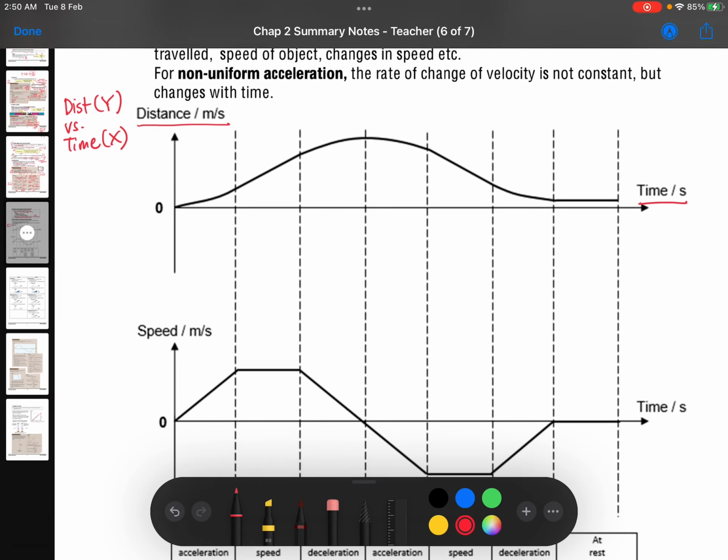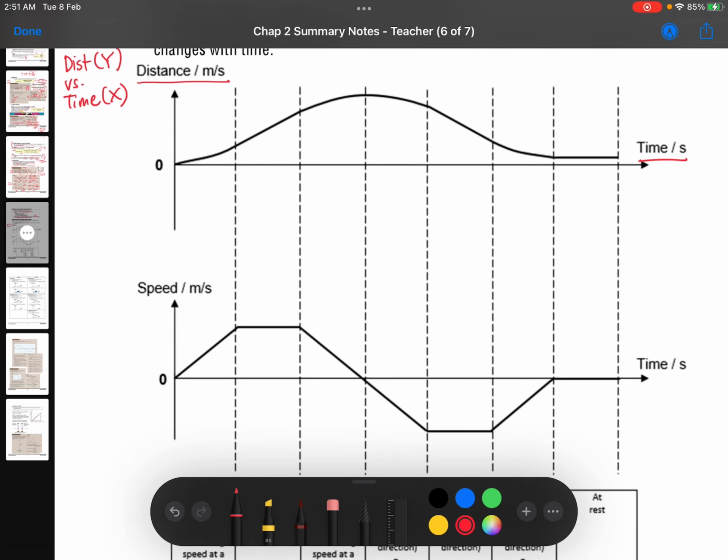At the same time, when we talk about the distance time graph, the corresponding speed time graph is also represented. In this case, speed is on the y-axis, plotted versus time. Why I wrote this down is because sometimes you will find questions asking you to plot a distance versus time graph, or a speed versus time graph.